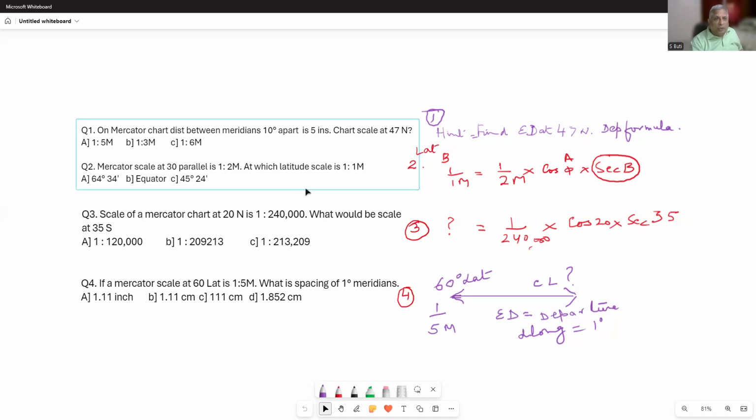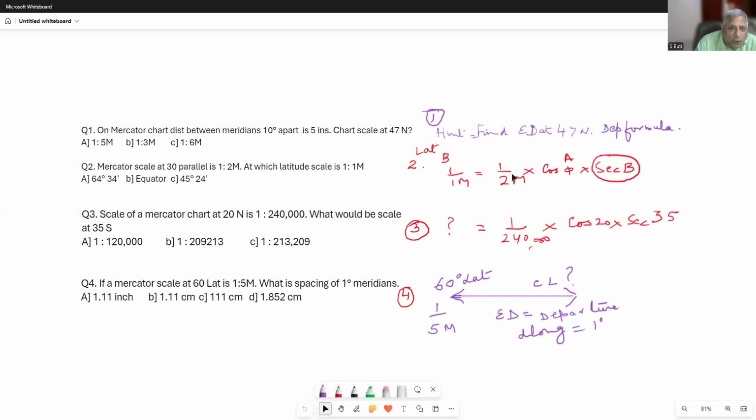In question number 2, the scale at 30 degrees is given to you, and it says which latitude scale will be 1:1 million. Okay, call it latitude B. This is latitude A. He's given you at latitude B, the scale is 1 to 1 million.